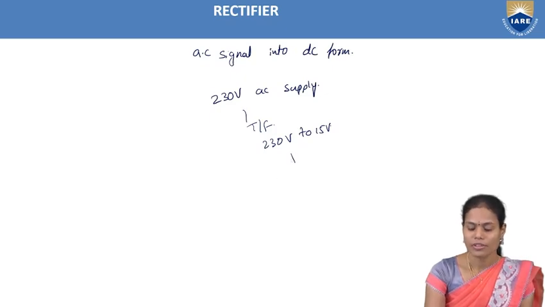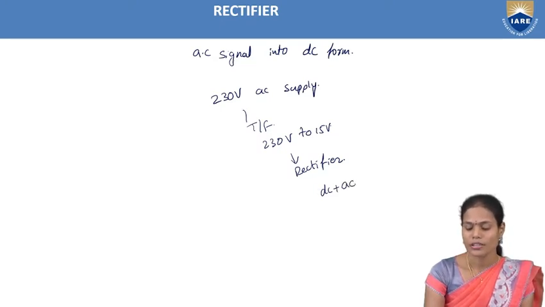After this, we apply this 15 volts to the rectifier circuit. The function of the rectifier is to convert the AC signal into the DC form. But even after the rectification operation, we get some amount of AC signal along with the DC signal.